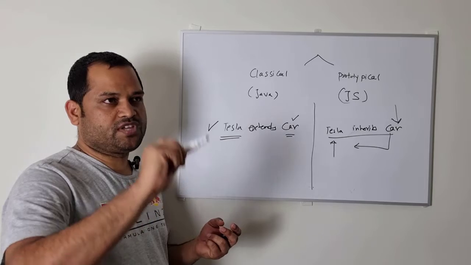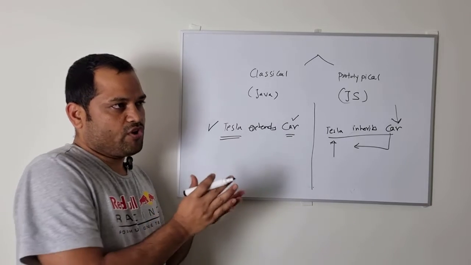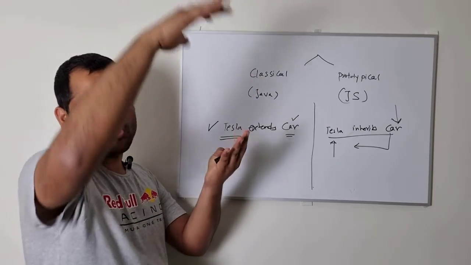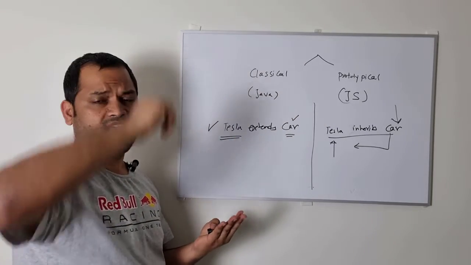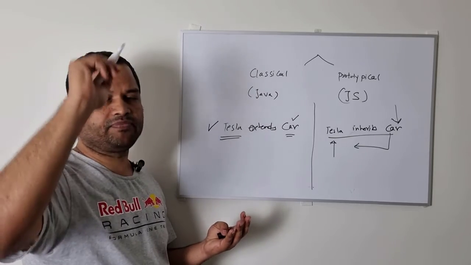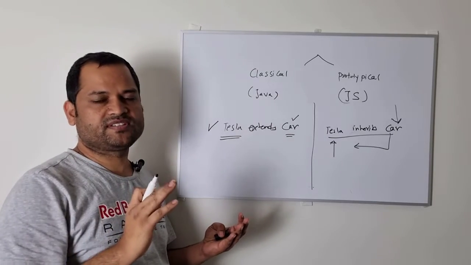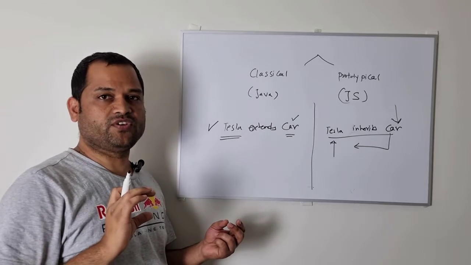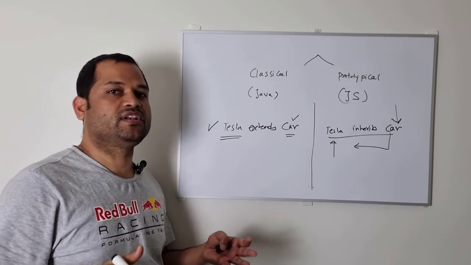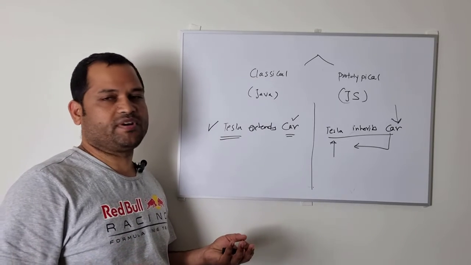So it just follows the prototype chain. One object can inherit from another object, which inherits from another object, so there is a link, and it keeps following that link until it finds null. When it reaches null, that means the prototype chain is finished. At that point, if it doesn't find the property, it will throw an error saying this property is not defined.